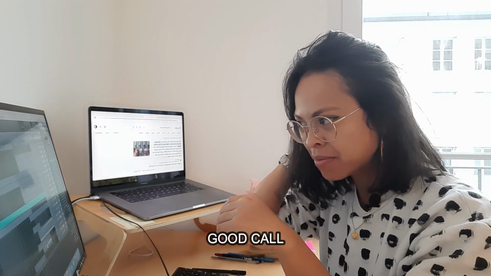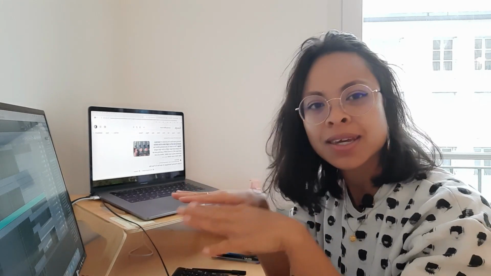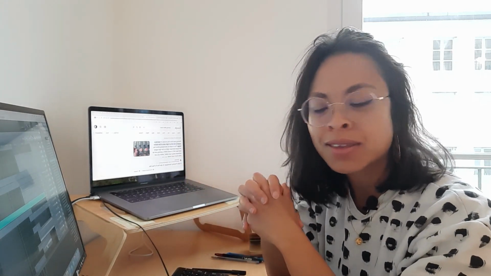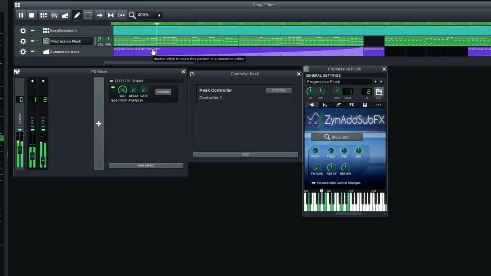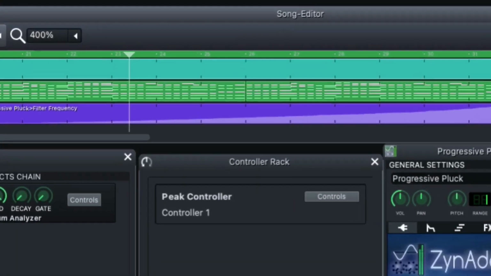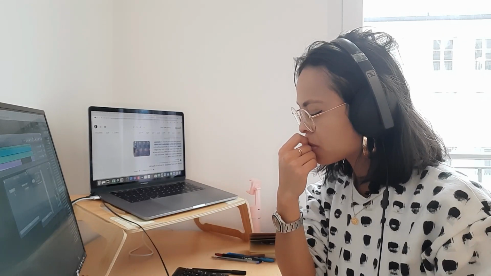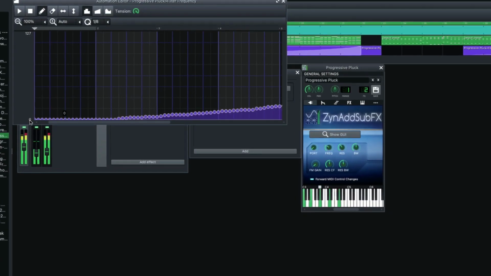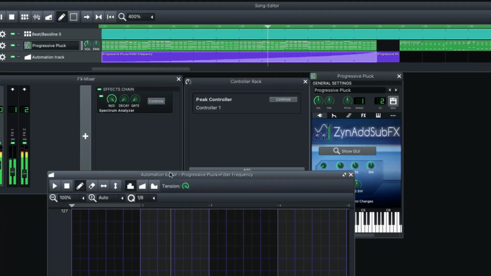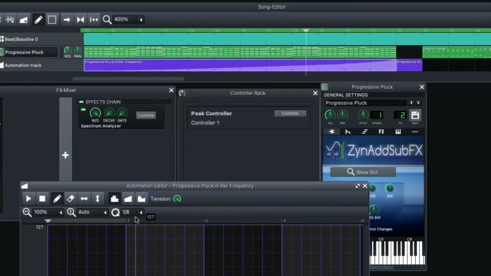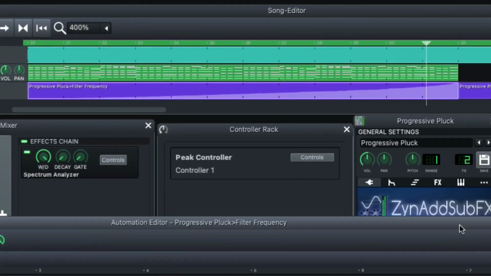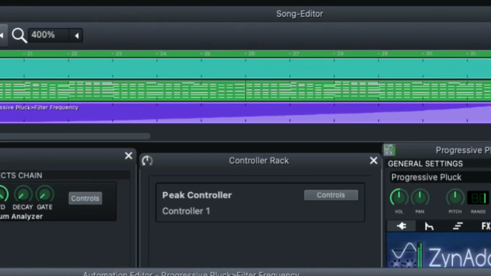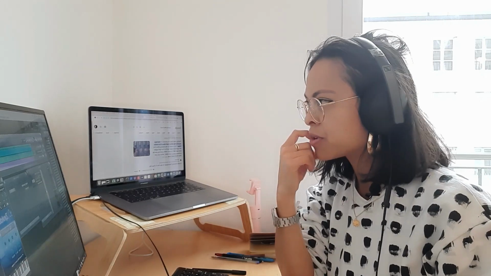I think it's going to take some time, but probably practicing and playing around, trying things, would help. So it's always the filter frequency apparently here.